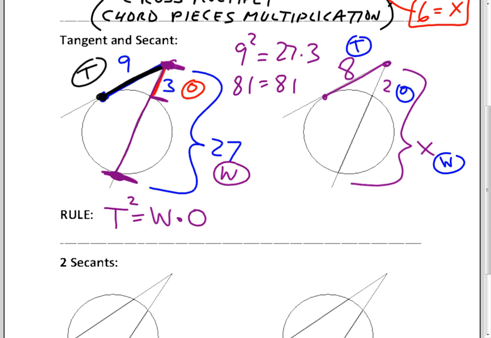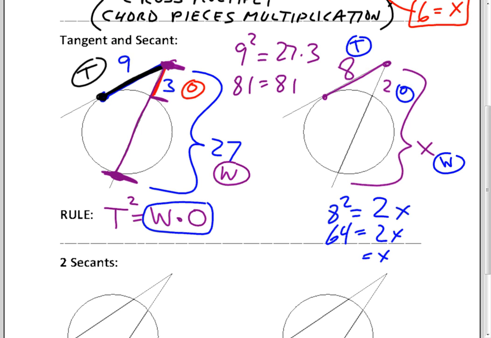So what's going to be squared? 8. 8 squared is equal to the whole times the outer. It doesn't really matter which order I put those 2 in, because I'm multiplying them. We're going to have 2 times x. 64 equals 2x. X is equal to 32. What is that? That is this distance from here all the way to here that we've designated as the whole portion of the secant. It's a distance.